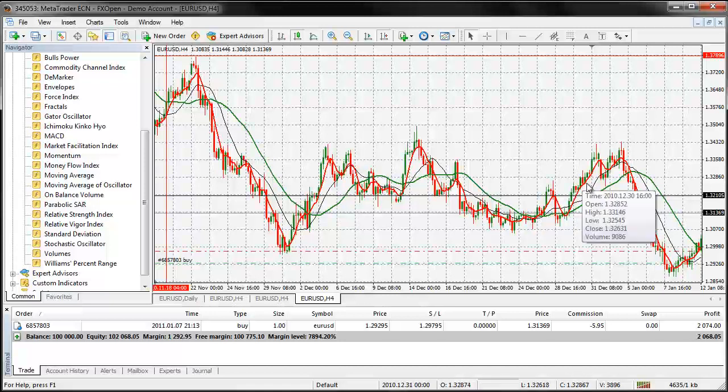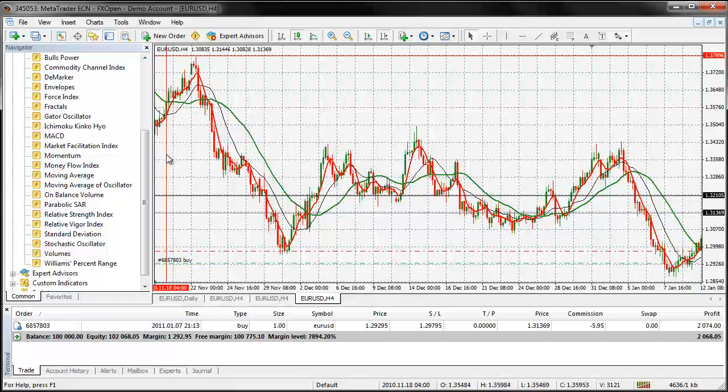Now you can see how far away this has moved. So the further away the moving averages are from the candle prices, the better. And as the candle prices come closer to the moving average, it's time to prepare to either protect your trade or close out of your trade, or prepare to go in the other direction.